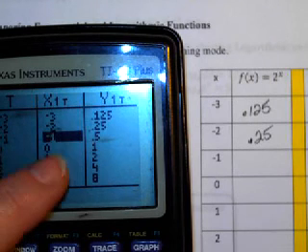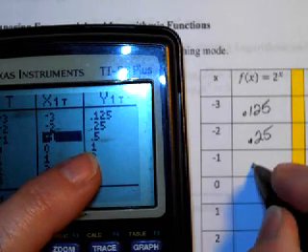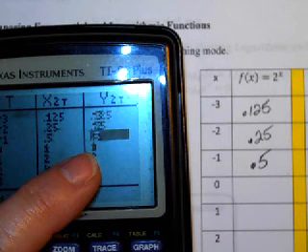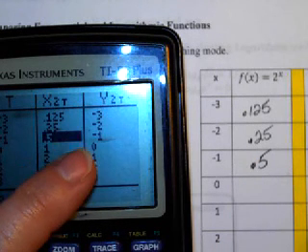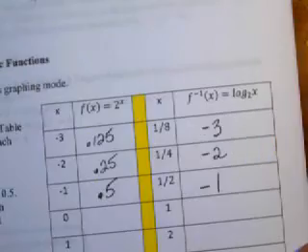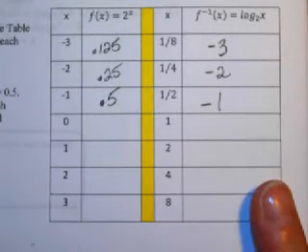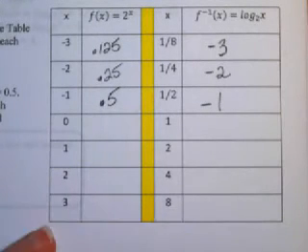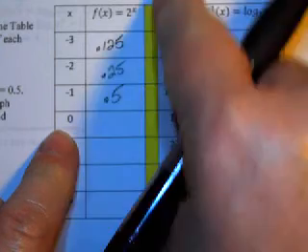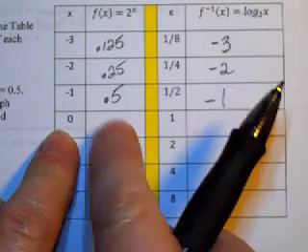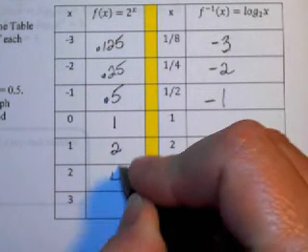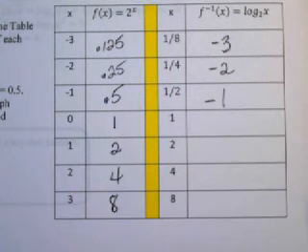Scroll over to x1, it gives me -1 and 0.5. Well, 1/2 is 0.5. If I scroll over to x2, it gives me 0.5 and -1. So now I should be able to fill out the table, because if I have 0 here, the x values of the log function have been the y values. So this would be 1, 2, 4, and 8.